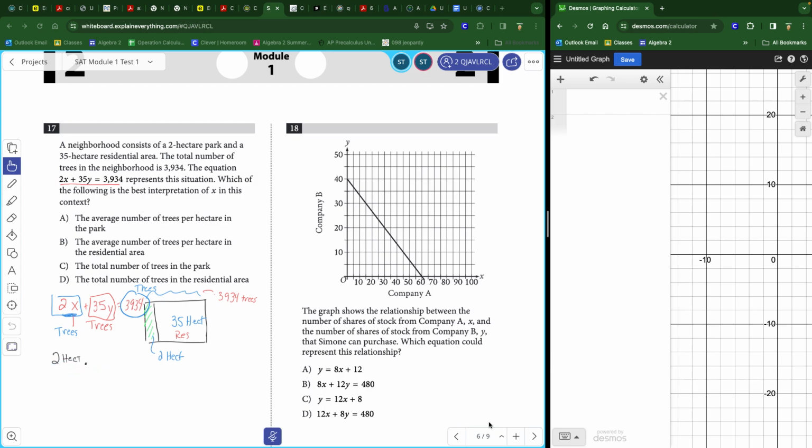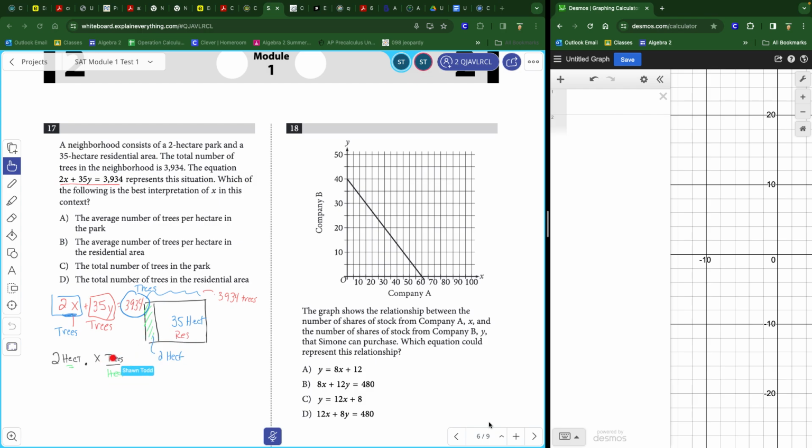So whatever x is measured in, its units have to be trees on top, and it's going to have to cancel the hectares in this multiplier, so hectares on the bottom. And so now, when I plug in x, which is in trees per hectare, like if it's 5 trees for every hectare, then 2 times 5, I'd get 10 trees, because I have 2 hectares in the park region, this section right here.